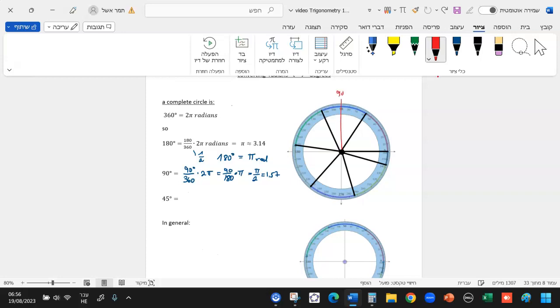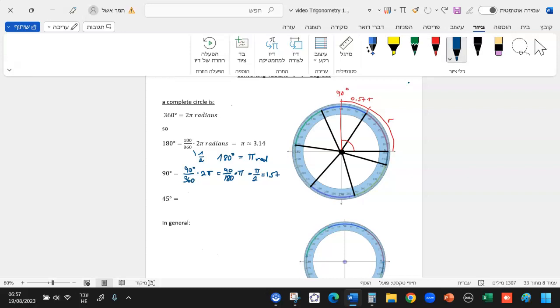This is the angle of 90 degrees, and it is subtended by an arc with length equal to 1 radius and another part of the radius, which is 0.57 of the radius. So pi over 2 subtends an angle of 90 degrees.